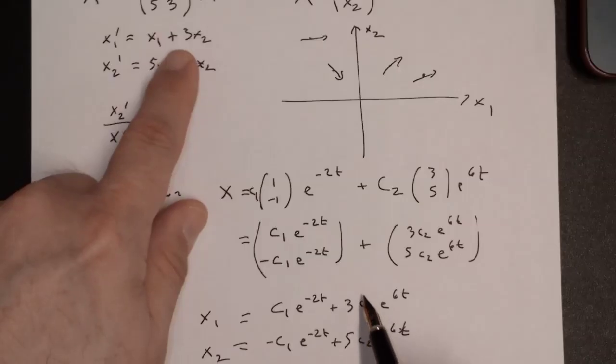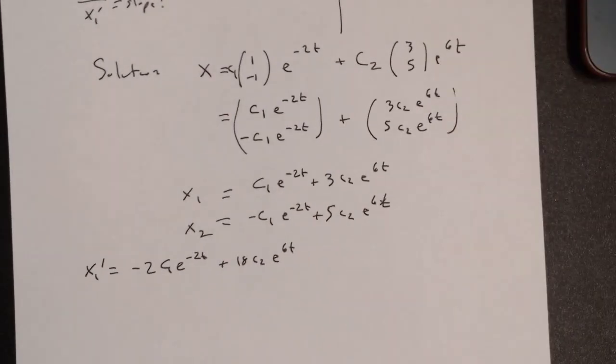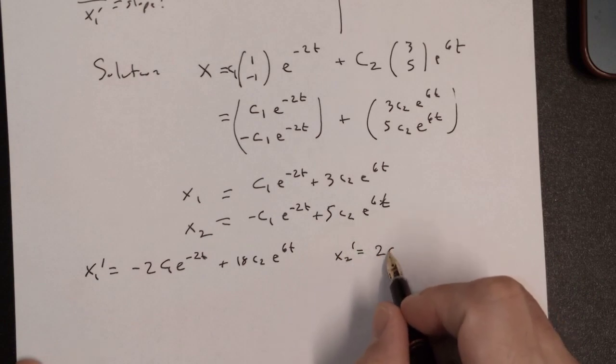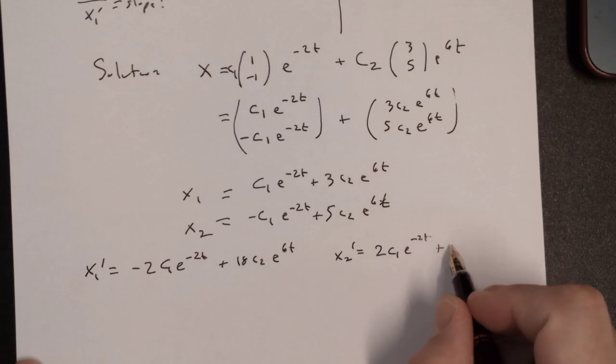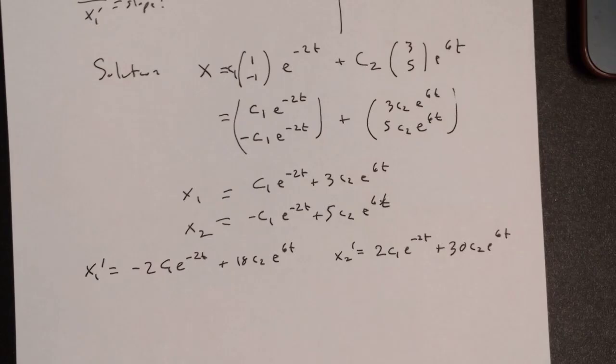And it'd be 9 and, sorry, it'd be 3 and then 15. That would give me 18 of those. That's exactly right, isn't it? If I check x2 prime, it'll be the same setup. x2 prime is 2c1 e to the minus 2t plus 30c2 e to the 6t. This is exactly the right set of expressions to satisfy that setup.